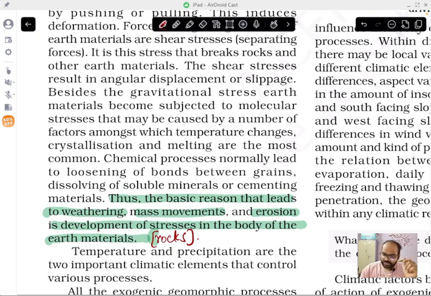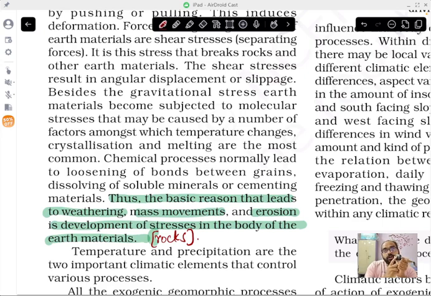What is stress? Stress means force applied on a unit area. Let's say it is a square shaped rock. It has a certain area, right? I apply some force on only one part of the rock, on a unit area, not the entire area. This force applied on a unit area develops stress in the rock material.